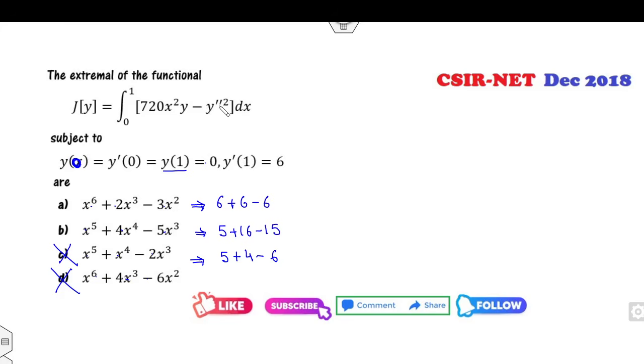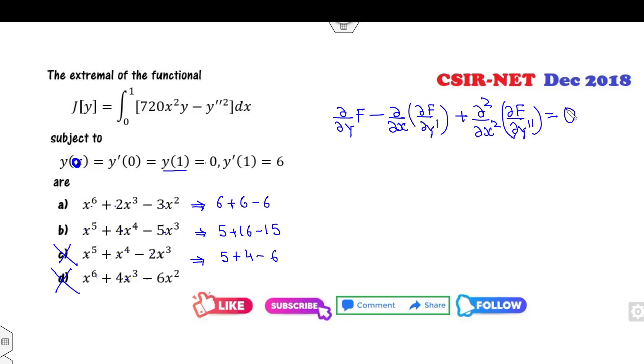Now I can start. Now this is the second derivative. So what is the partial derivative of f with respect to y, minus the derivative of partial f upon y dash, plus the second derivative of partial f upon y double dash, is equal to 0. Now substitute the value. This will be 720x square.